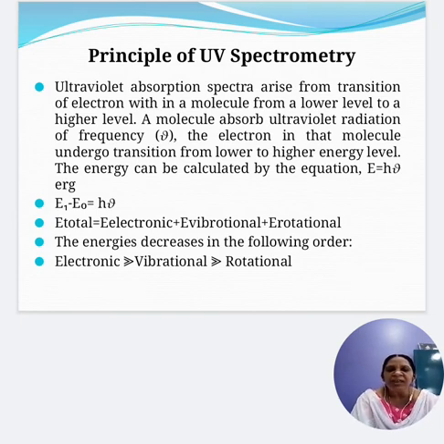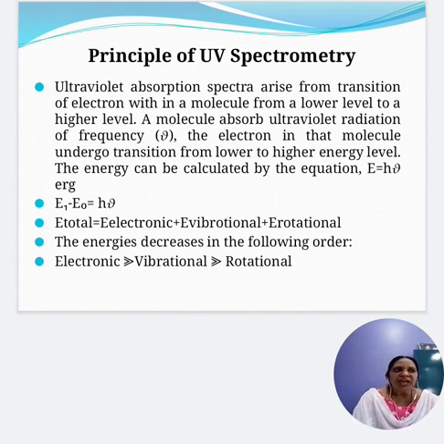By absorbing the radiation, the electrons present in the molecule begin to transit from lower energy levels to higher energy levels. The energy is given by this famous equation E = h nu, where E is the energy in ergs.